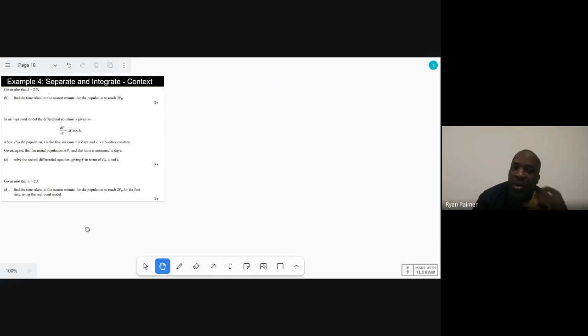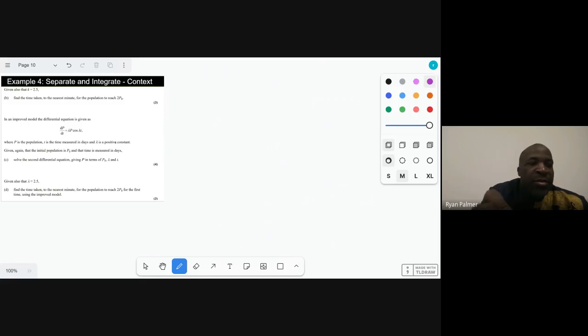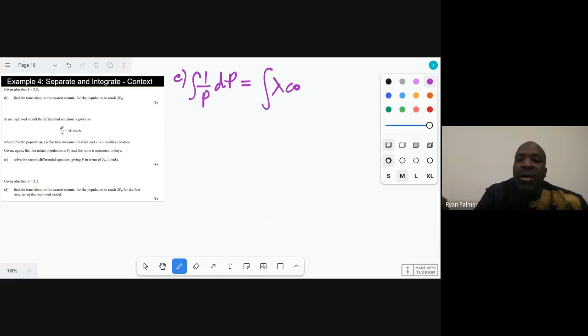We're going to move the P's with the dP's and the T's with the dT's. So we're going to have the following. So for part C, we're now going to say 1 over P dP is equal to lambda cos lambda T dt.